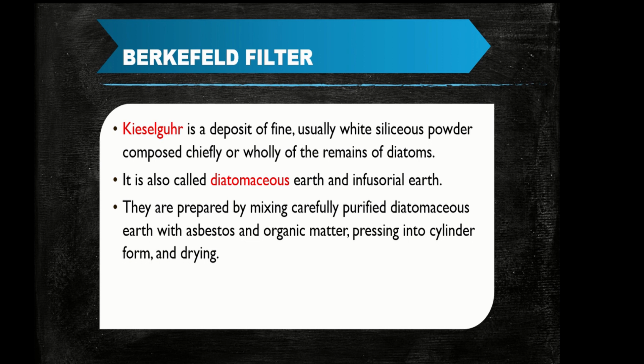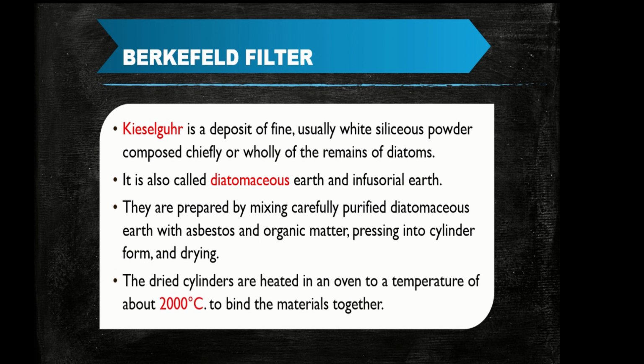The filters are prepared by mixing carefully purified diatomaceous earth with asbestos and organic matter and pressing into cylinder form and drying. So this is prepared by mixing three components, diatomaceous earth, asbestos and organic matter, in varying proportions, and the proportion of these materials decides the pore size of the filter.